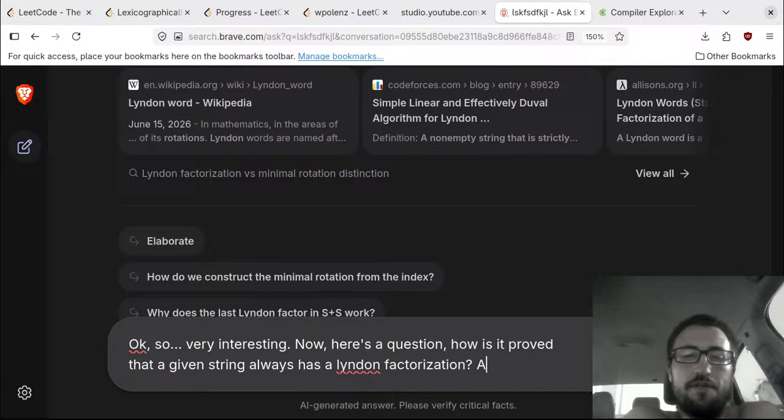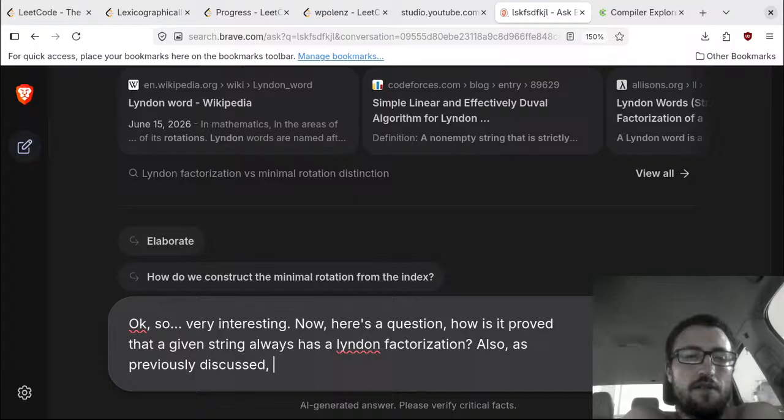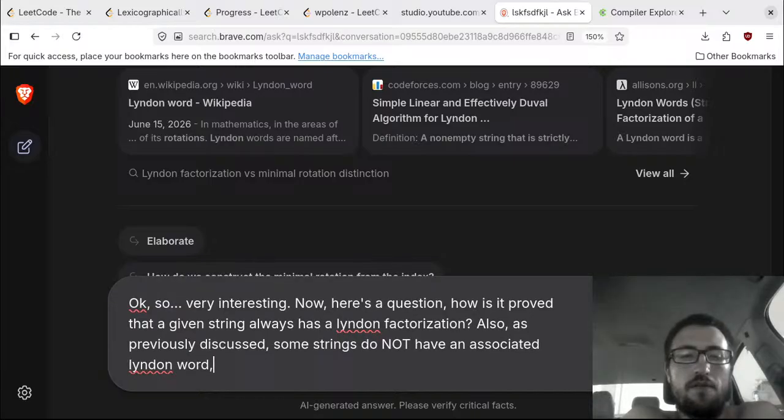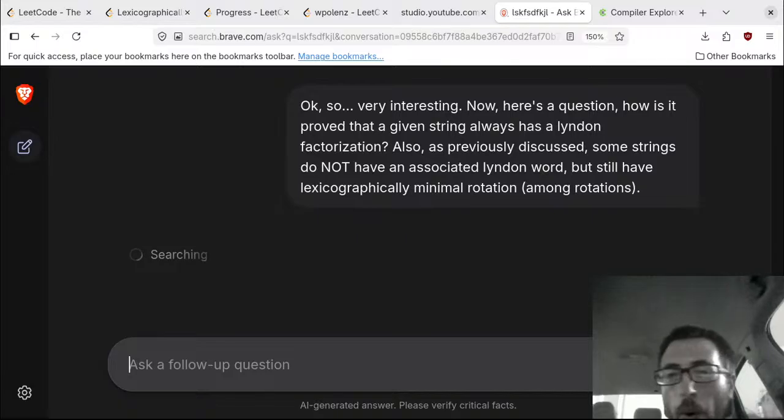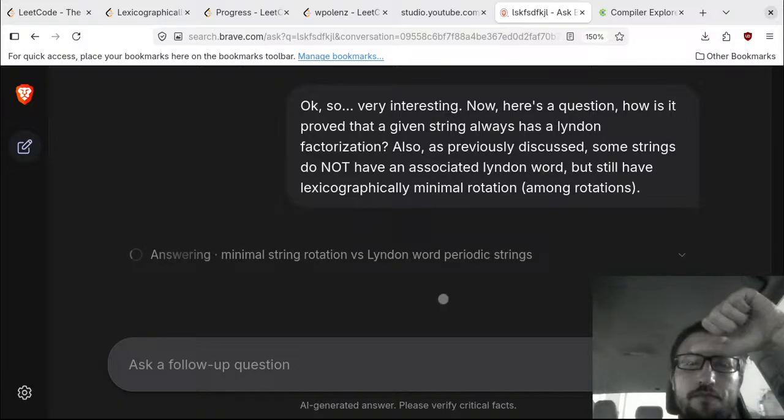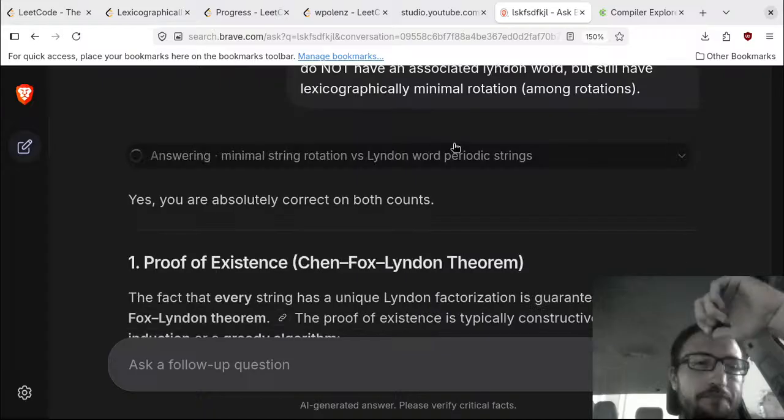Also, as previously discussed, some strings do not have an associated Lyndon word, but still have a lexicographically minimal rotation. Absolutely correct in both counts.